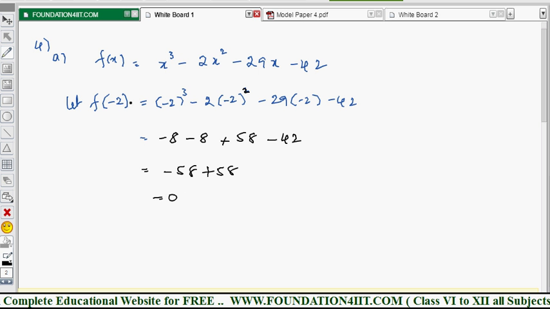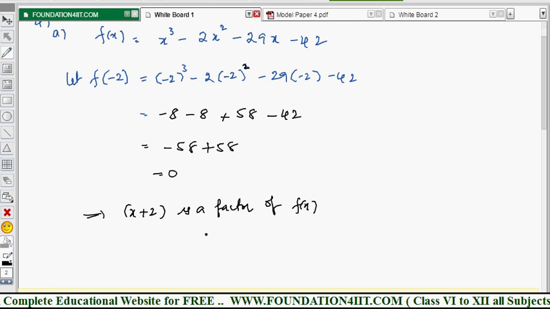Then x plus 2 is a factor, because f of minus 2 we got 0. Then from that, x plus 2 is a factor of f of x. Now we will use the factor theorem. So if you use the factor theorem, we will divide the given function with x plus 2.